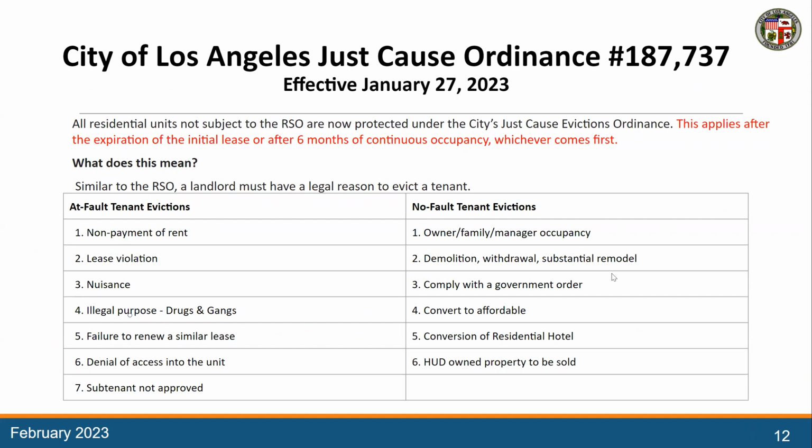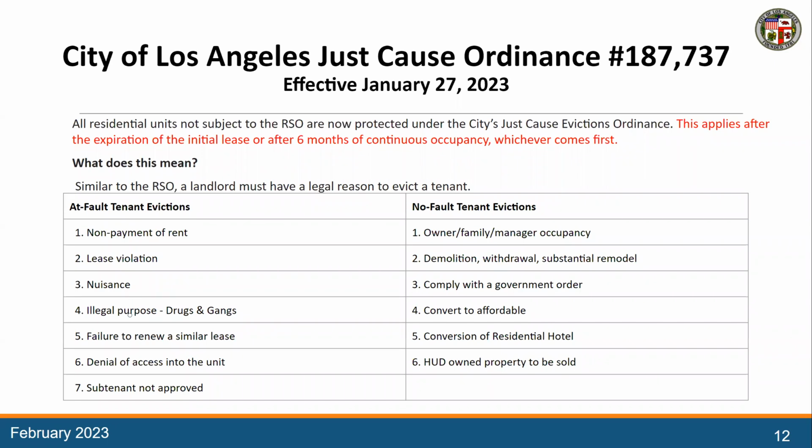A very significant change in the laws in the city of Los Angeles is the Just Cause ordinance, which became effective January 27th of 2023. Under Just Cause, all residential units in the city of Los Angeles that are not subject to the RSO are protected under the city's Just Cause ordinance.